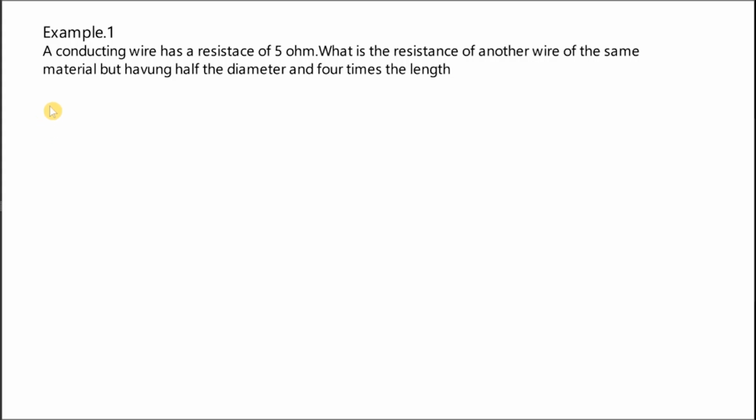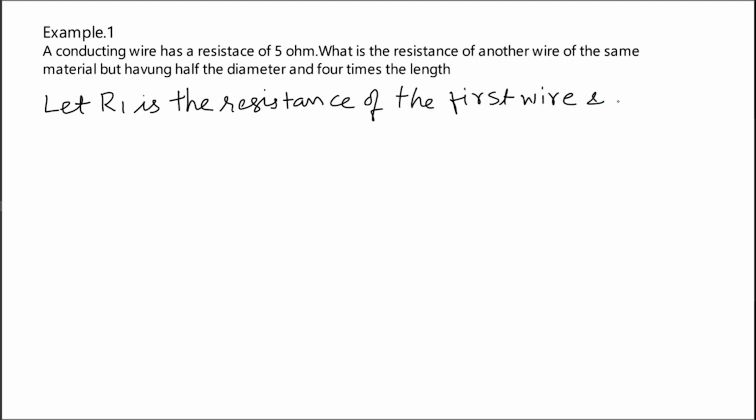See this example. A conducting wire has a resistance of 5 ohm. What is the resistance of another wire of the same material but having half the diameter and 4 times the length? Let R1 is the resistance of the first wire and L1, A1 its length and area of cross section.